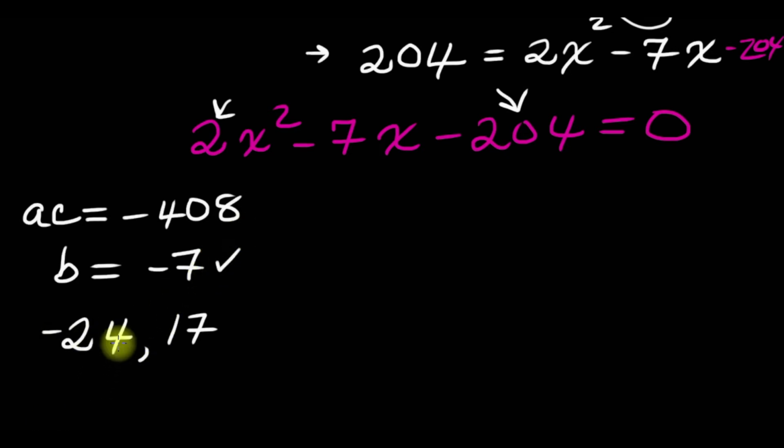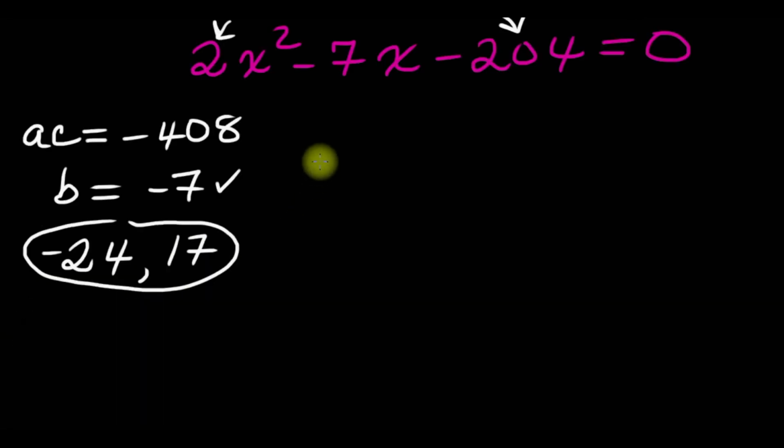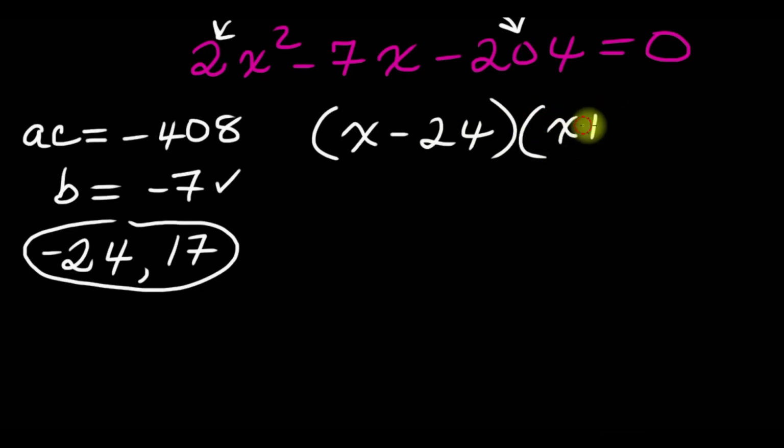Look, negative 24 times 17 is negative 408, and negative 24 plus 17 is negative 7. So these are the two numbers I'm looking for. Here I'm going to write it out in factor form: x minus 24 times x plus 17 equals 0.